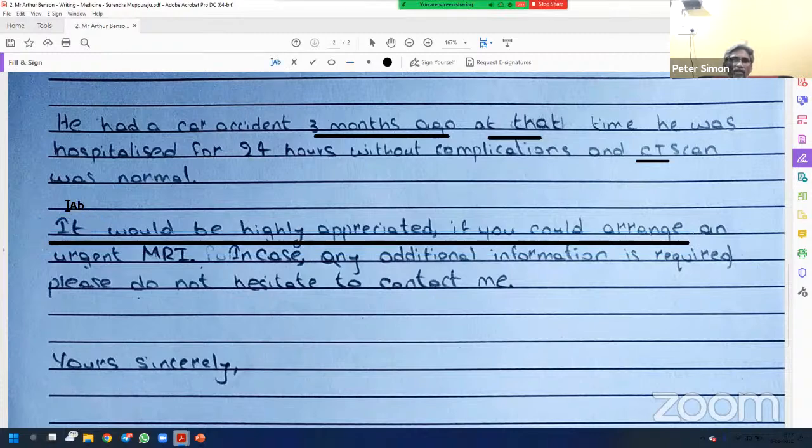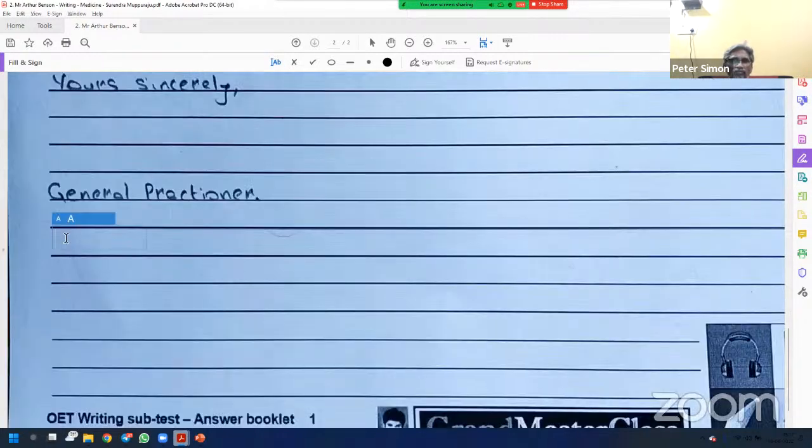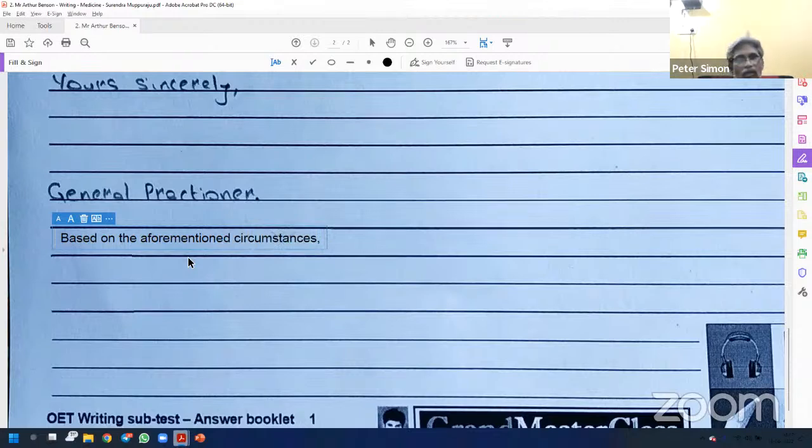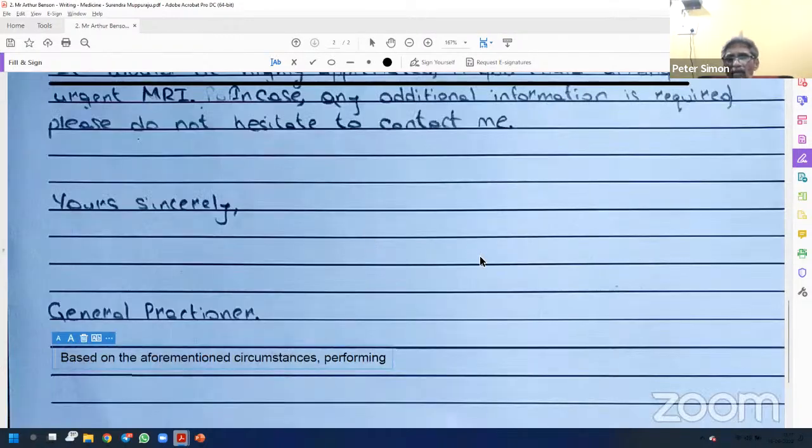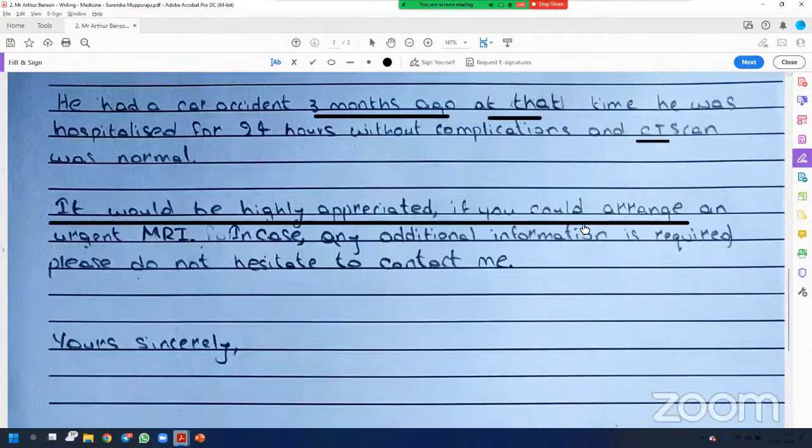Let me write the sentence for you. Based on the aforementioned circumstances, performing. Is it performing an MRI scan? Performing a scan, right? Performing an MRI scan.